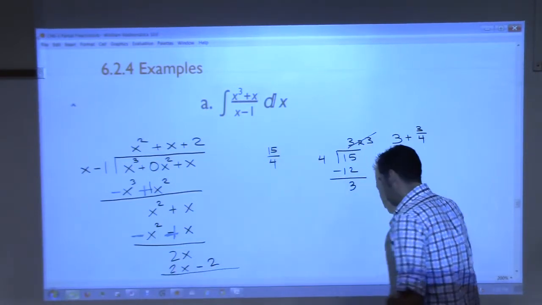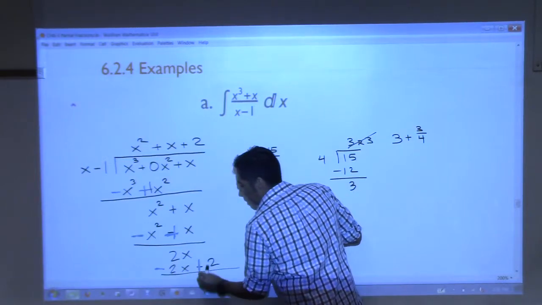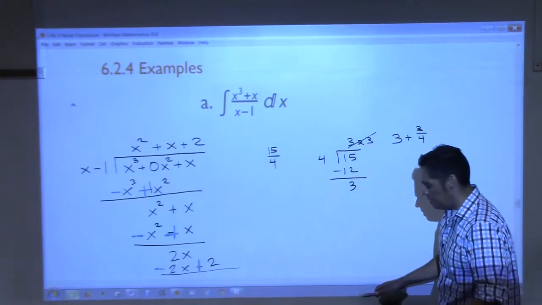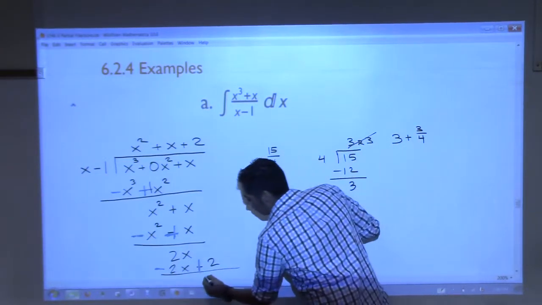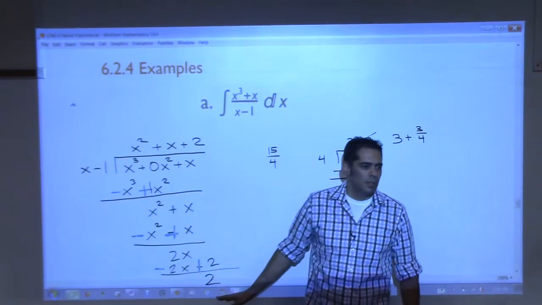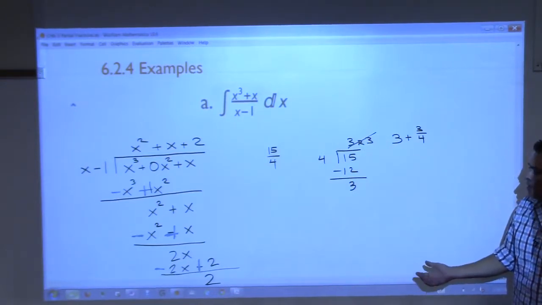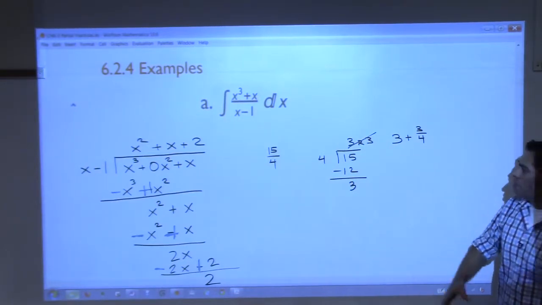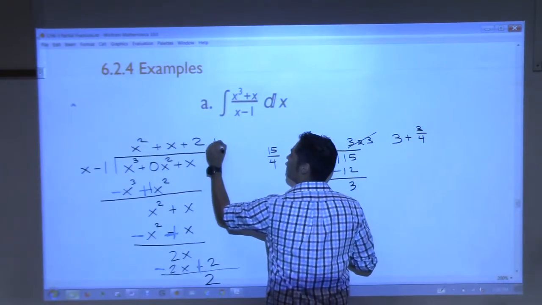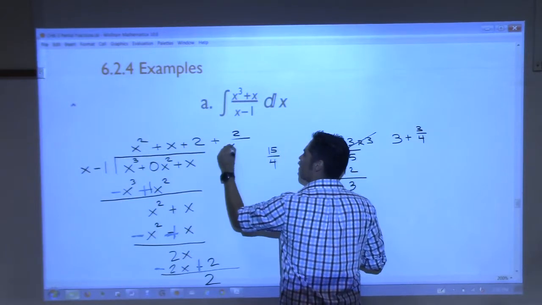Come through, change the signs, and add down, and you should finally get what down there? 2. Now, what do you multiply x by to get 2? Well, you're done now because you can't turn x into 2, right? So that's your remainder. So what we do out here is we say plus our remainder over our divisor.